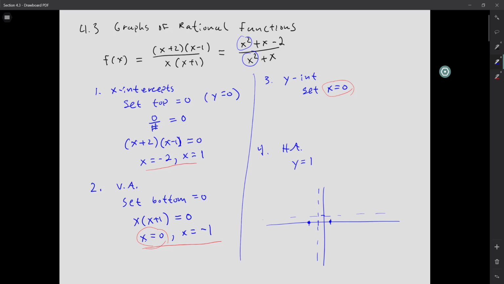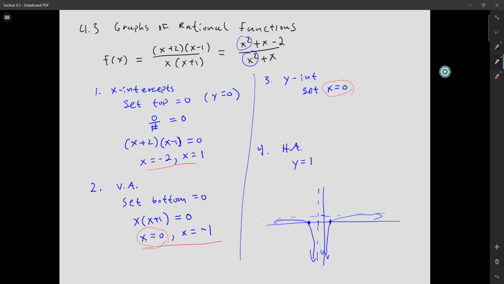So what I expect this to look like, and you can try with a calculator of some kind. Oops, I crossed my vertical asymptote. A vertical asymptote at 0. And then what should happen, because I don't cross the x-axis in between these two things, because I only had 2 x-intercepts, is I'm going to have some kind of a U-shape in between my final 2 asymptotes.